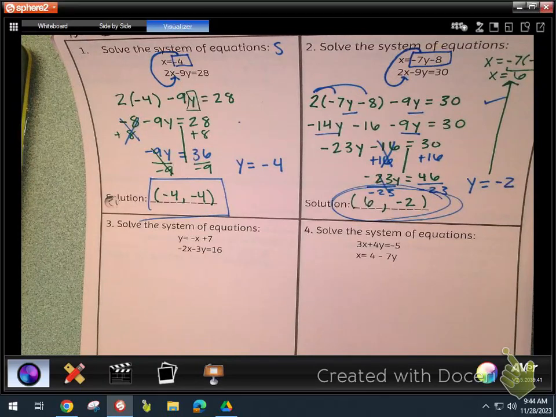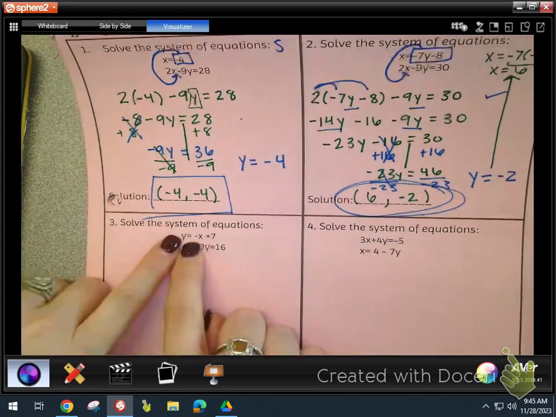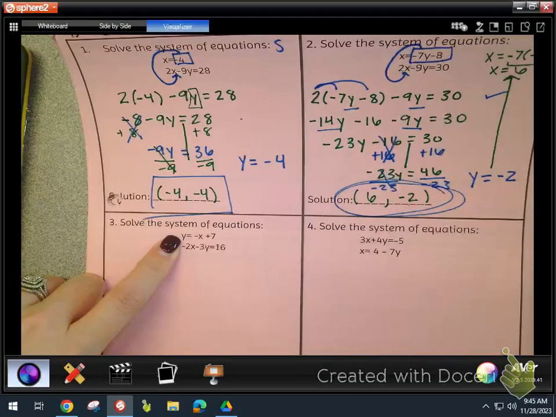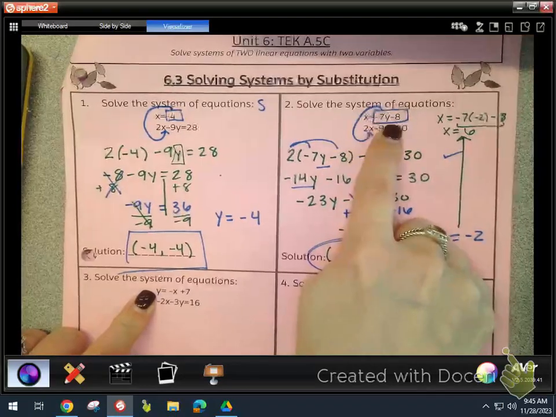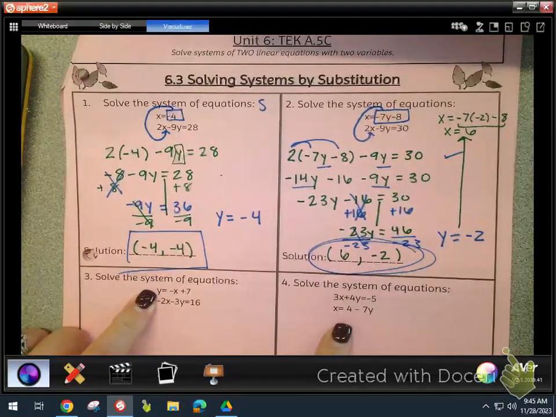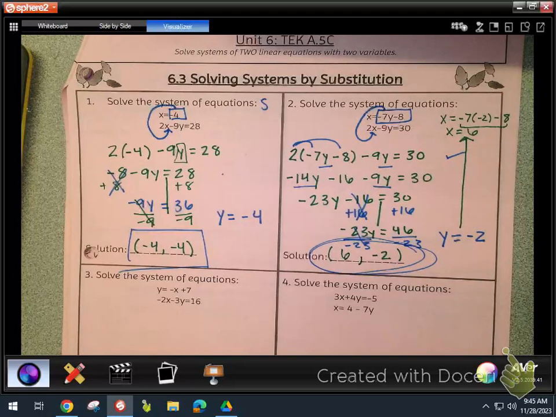Is one of my equations got a variable all by itself? Top or bottom? Yes, there is. Which one? Y. Okay, and y'all, it doesn't matter if it's X or Y. It doesn't matter if it's the top or the bottom. It doesn't always have to be this first guy, but you just got to look for it and find the one that says variable equals.